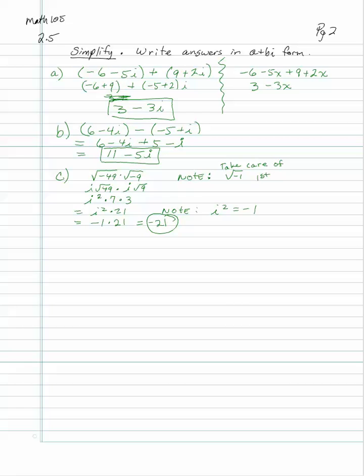So you have to do that first. If you multiplied negative 49 times negative 9 first, because that's the way you're supposed to multiply radicals, you would get a positive number, which would be the wrong answer. So you have to take care of the square root of negative 1 first. You have to factor it out and write it as i.